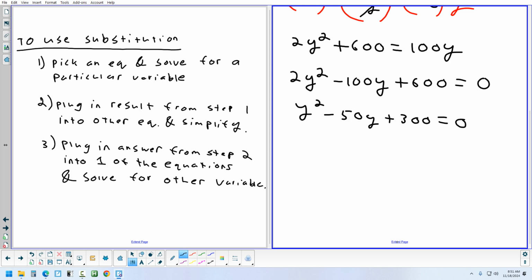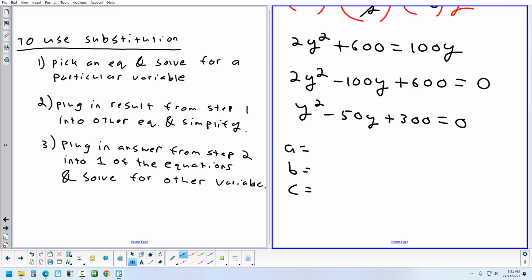Well, it's a big number, so it could be hard to try and factor it. So what's the other method we can use if you can't factor it? Quadratic. Yeah, so let's try that. And if we get a nice answer with the quadratic formula, that's fine. It just means we could have factored it instead of using the formula.